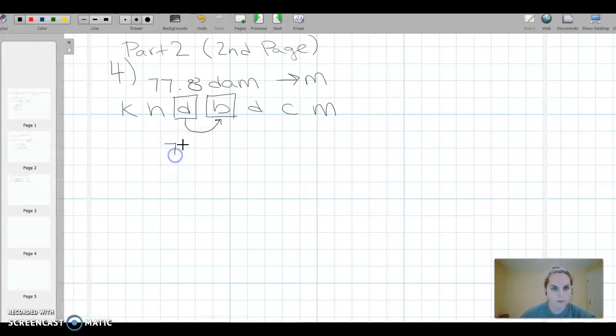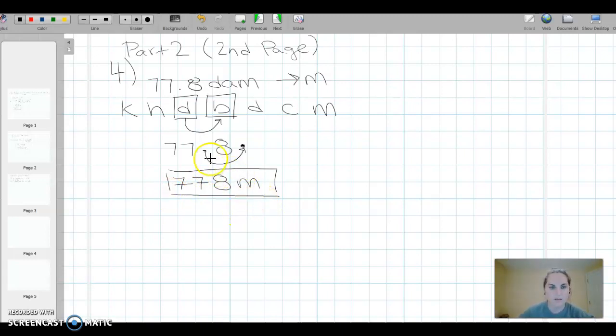We are going to rewrite our number, then start to move that decimal over to the right. Its new position is right behind the 8. So our number is now 778 meters. The conversion from 77.8 decameters is 778 meters.